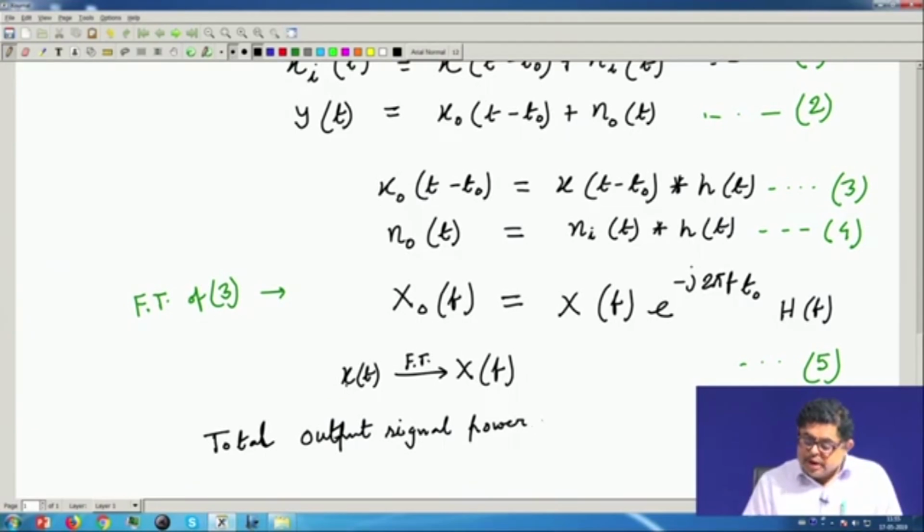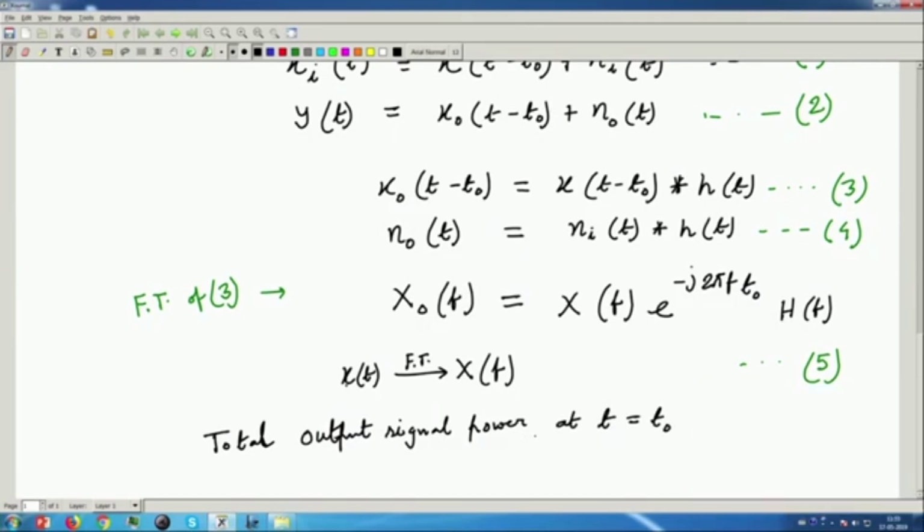So, total output signal power at t equal to t_0, I think all of you are familiar with this, will be nothing but the integral from minus infinity to plus infinity of X(f) squared df. Or to be more precise, let us say this squared.